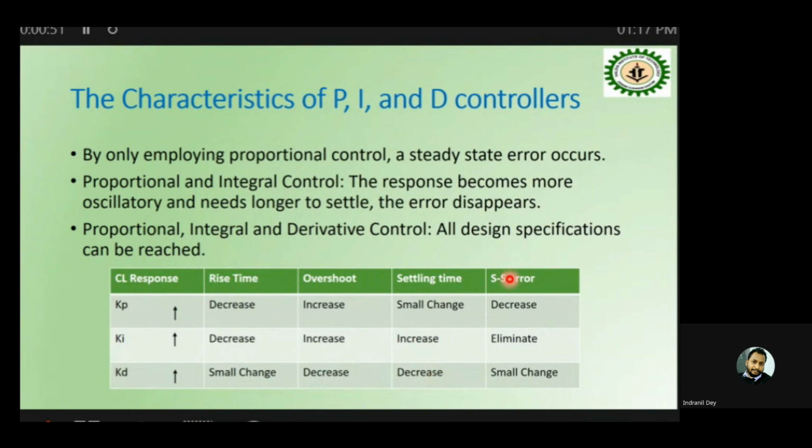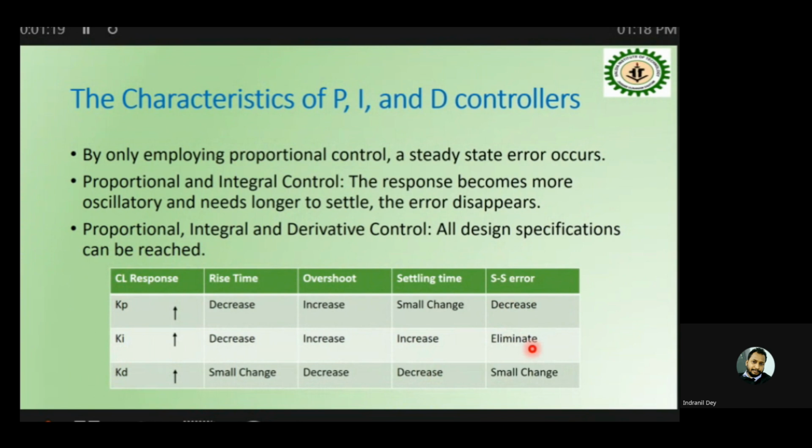The steady state error is the offset which is present for the proportional controller. If you increase Kp more, it will decrease, but the system will become unstable. The only controller which eliminates this steady state error is the integral control action. However much you increase the Ki, at some instant it will fully eliminate the steady state error or offset.